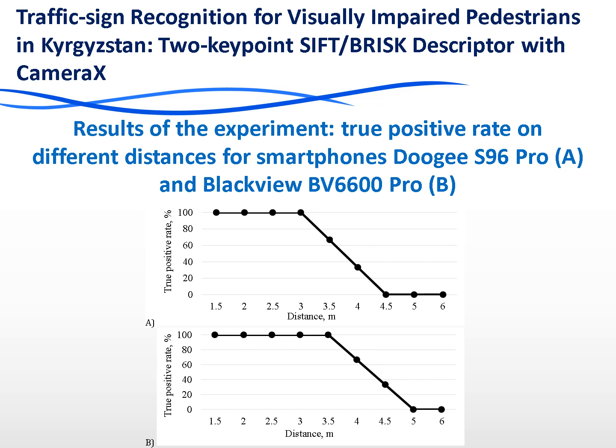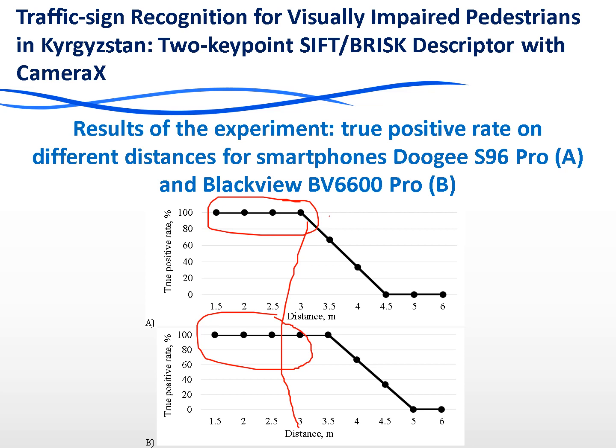Real-life experiments showed the true positive rate is 100% for 2 smartphones, Doogee S96 Pro and Blackview BV6600 on the distance up to 3 meters.